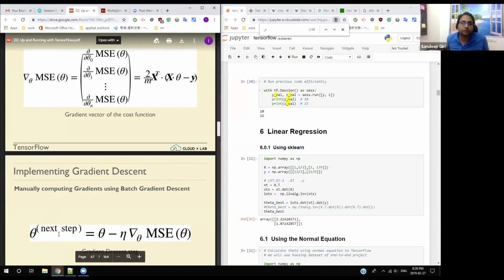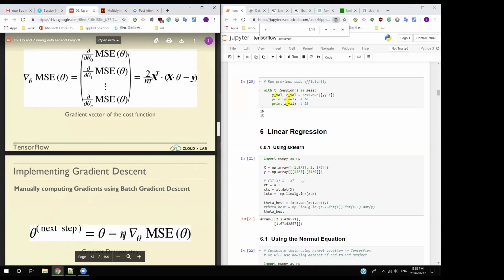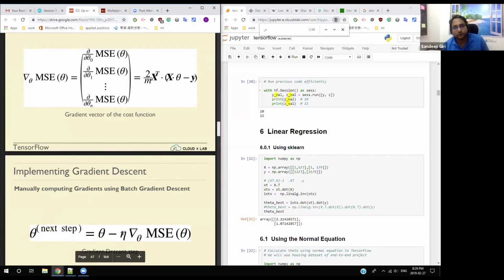Next theta: what is this little thing, this number? We call it the learning rate. When we are training our algorithms, we try many values of eta and see which one works best. This is called the learning rate, and this is our one learning step.